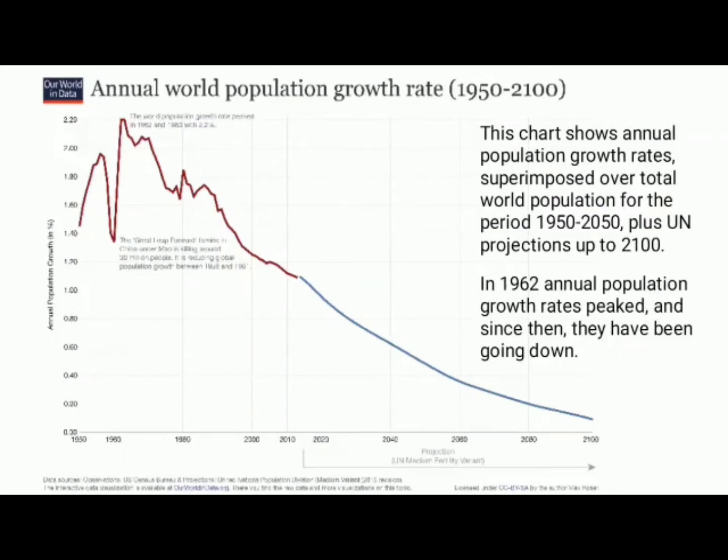According to these UN projections, growth rates are likely going to continue decreasing through the century. This means that while the world population quadrupled in the 20th century, it will not double in the 21st century. So the human population is not currently growing exponentially.